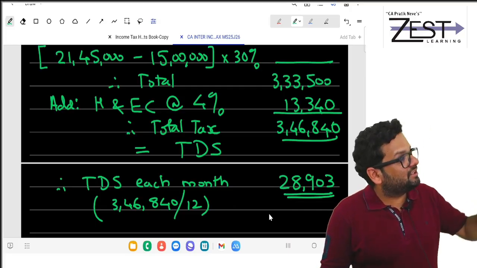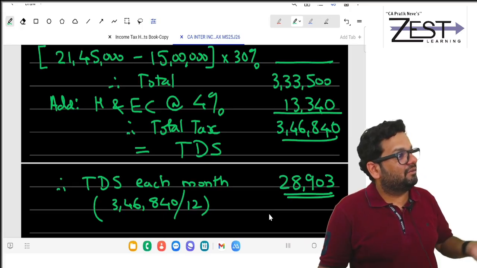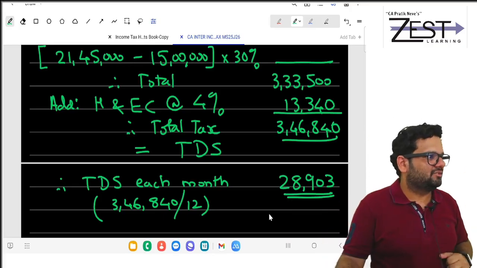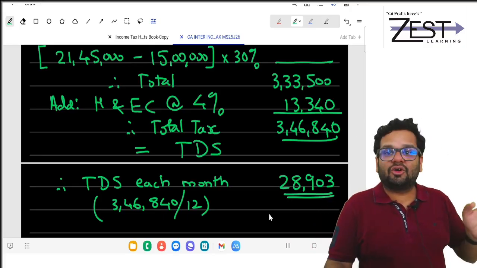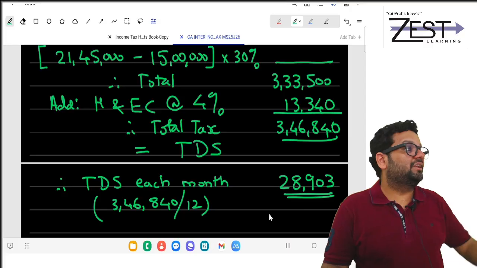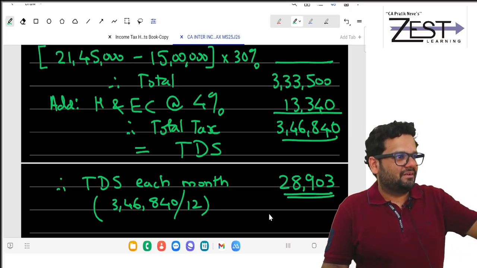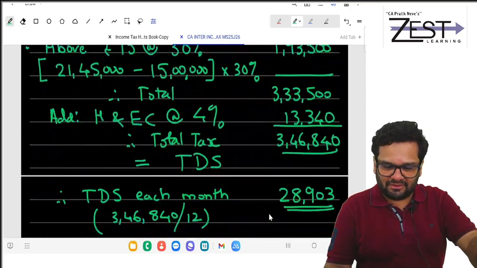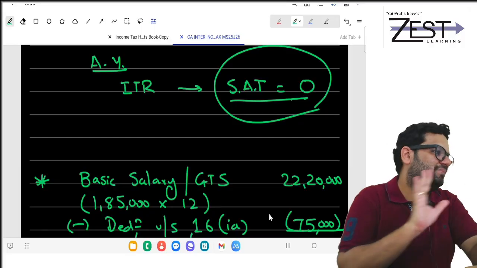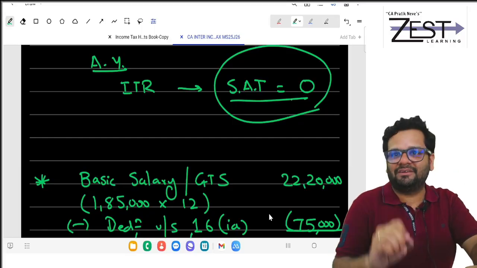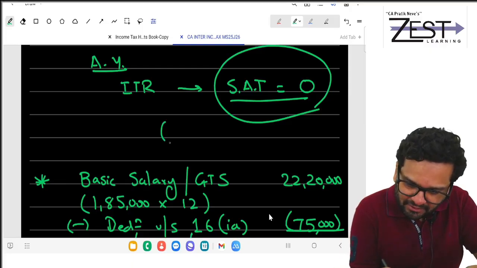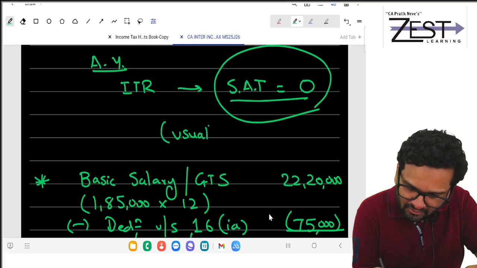But eventually, if he does investments, then when he files ITR, he will get a refund. So all these possibilities are there. In short, what TDS is done is not a final liability, though it is expected to be. But this ideal situation may happen, may not happen. This actually should happen, but it may happen, may not happen. This will usually happen. Clear?